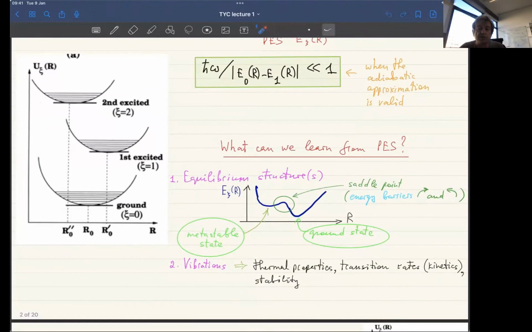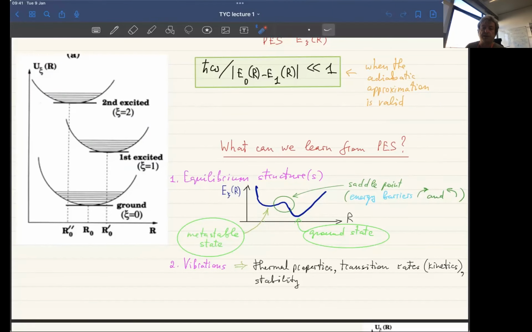So what can we learn from the potential energy surface? As you understand, if you run, for example, density functional calculations or quantum chemistry calculations, you can determine for the given positions of the nuclei the total energy of the system. And the total energy of the system, of course, would be different for different atomic positions.